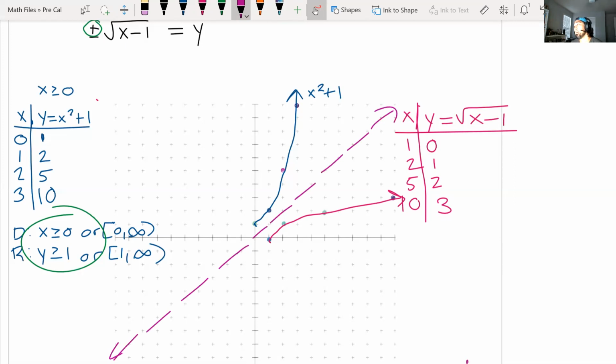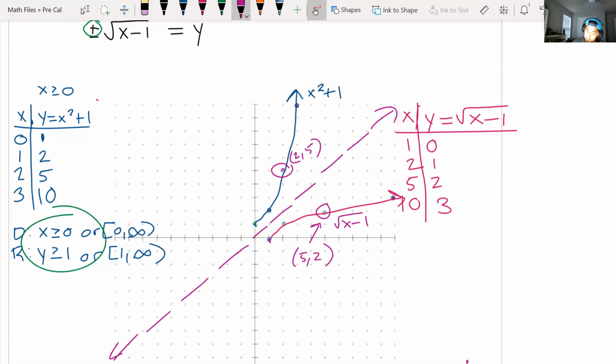Do these look symmetric other than my drawings? Yes. Well, the points do. So this would be 2, 5, and reflected across, that would be 5, 2.